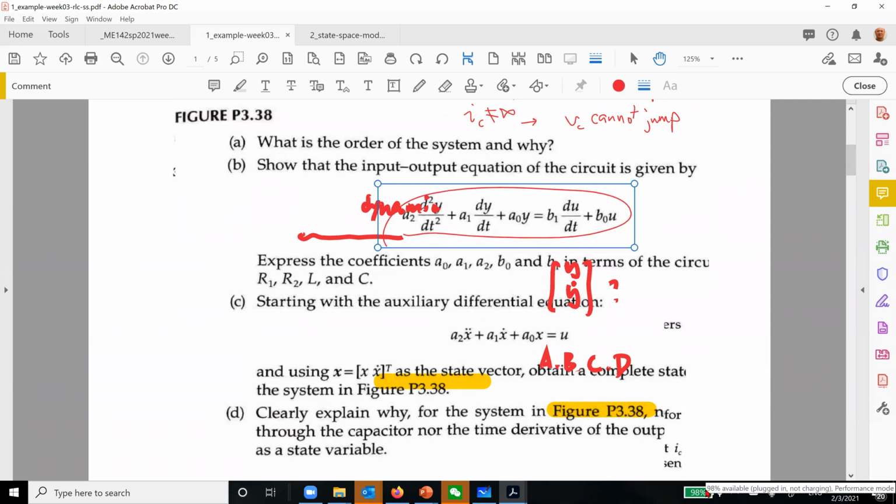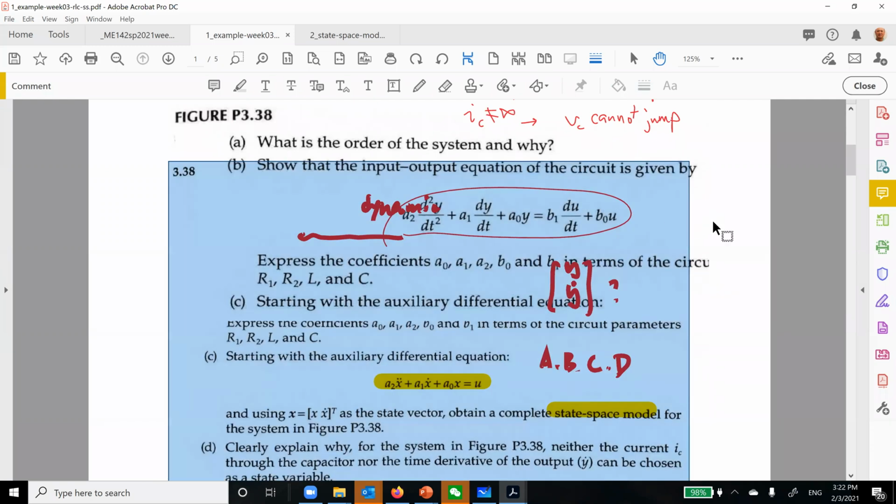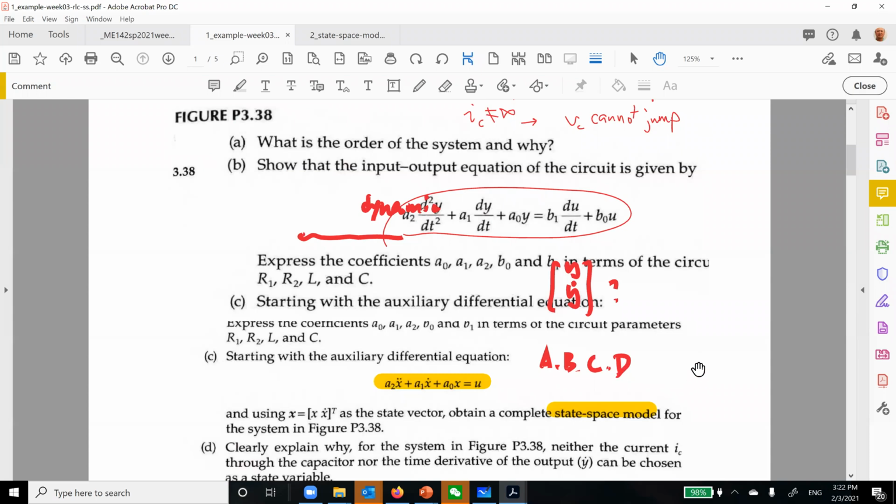Yes, I can do this, which is good. But the question is, how can I write A, B, C, D? We probably will argue why I just use Y dot. Life is easier, okay? But how can you do the du/dt then? We never use that.